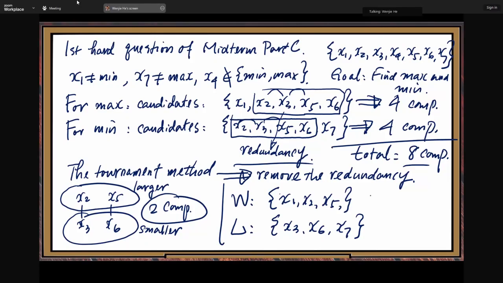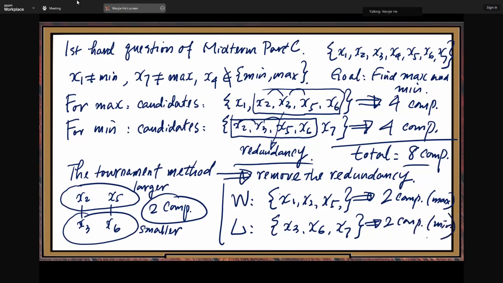So then, to get the max, 2 comparisons for max. Here, 2 comparisons for minimum.